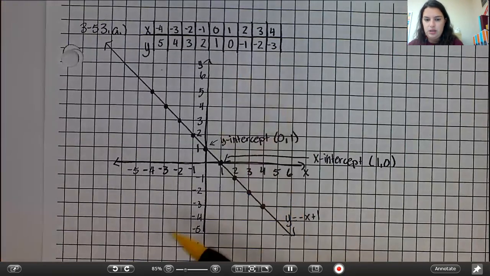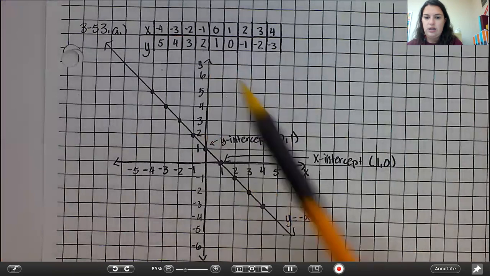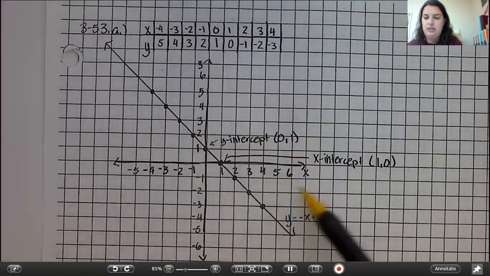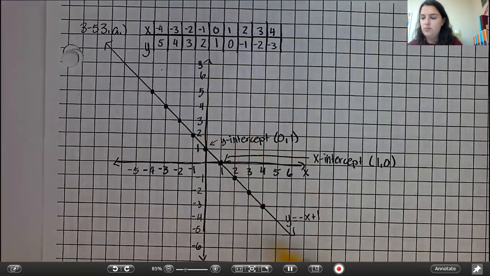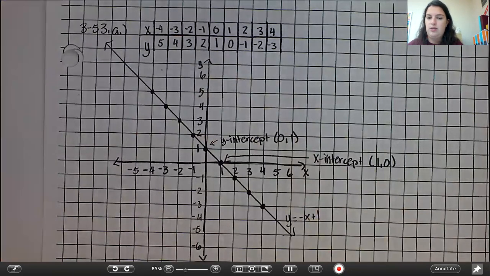That's okay. And we have our nice line, okay? Our points are connected. We have arrows on the end. Our axes are labeled, and we also have it scaled. It's always good also to put y equals negative x plus 1, which is the rule, somewhere close to the line because there are going to be times where you are graphing more than one line on the same set of axes.